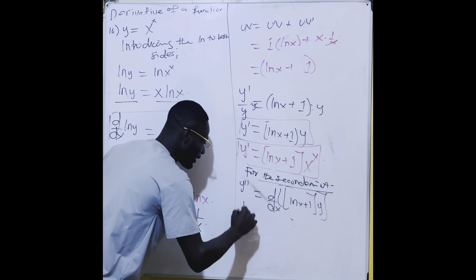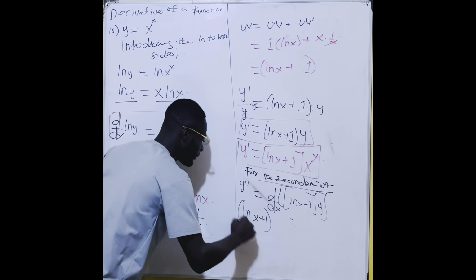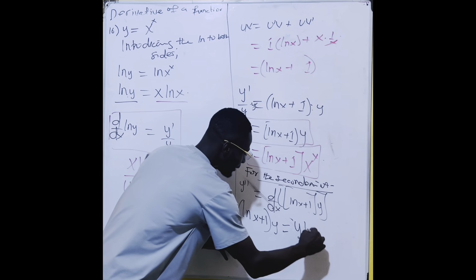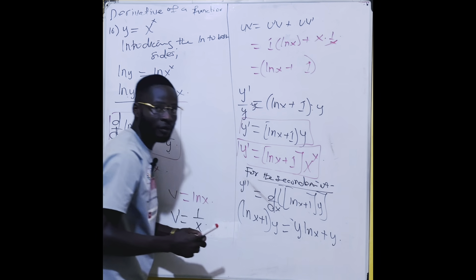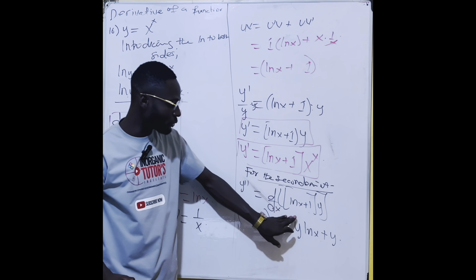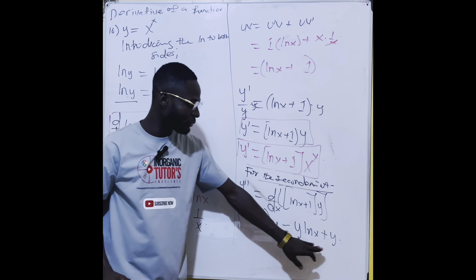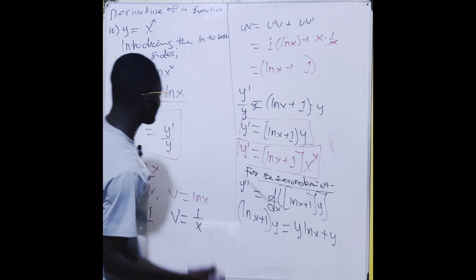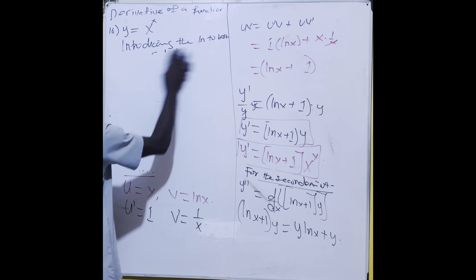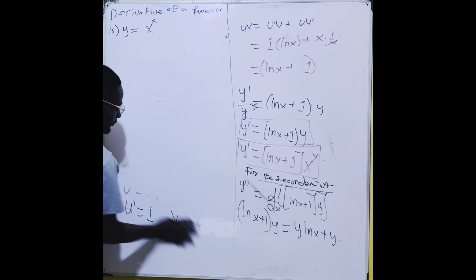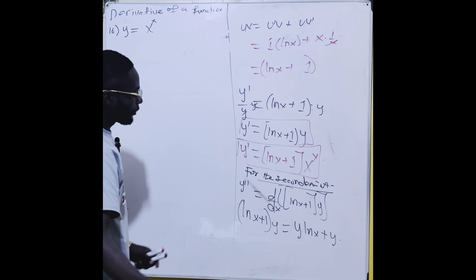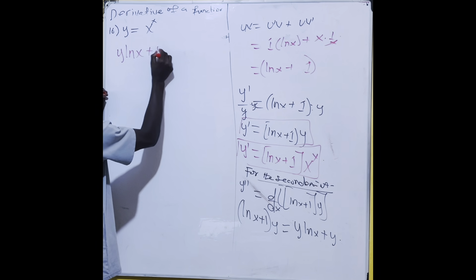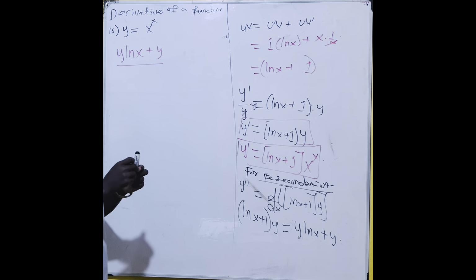So we consider ln x plus 1 multiplied by y, and this is equal to y ln x plus y. So this means that we are going to use the product rule, then we apply normal differentiation on this. Okay, so y ln x plus y, we want to differentiate this, right?